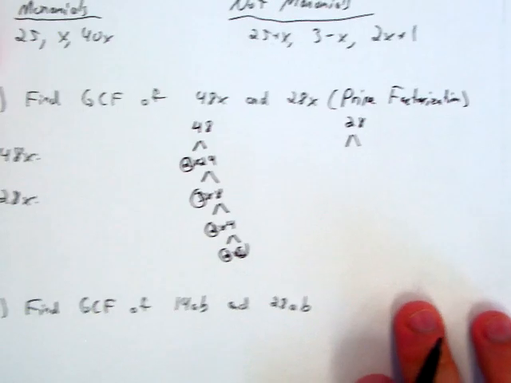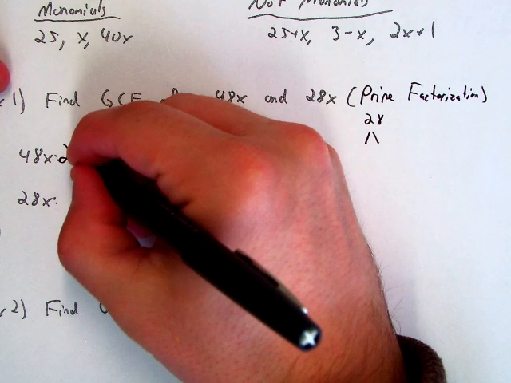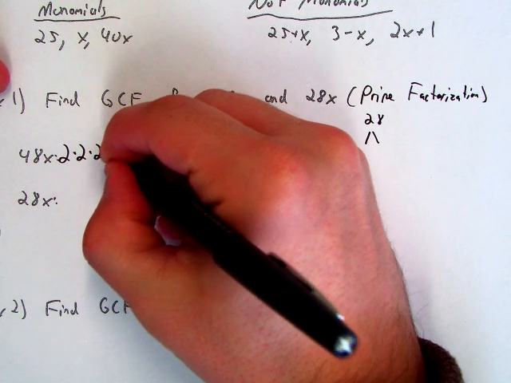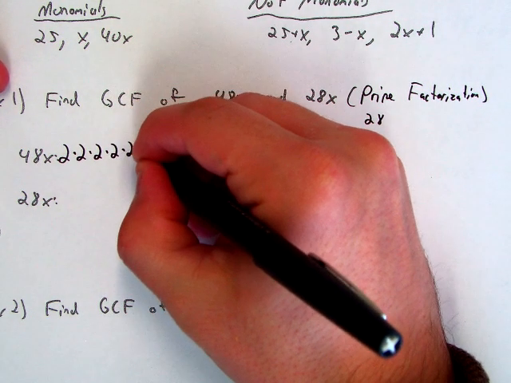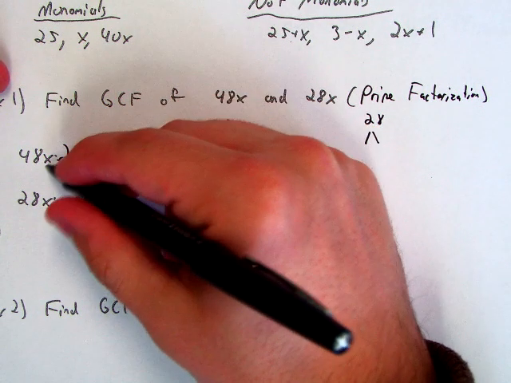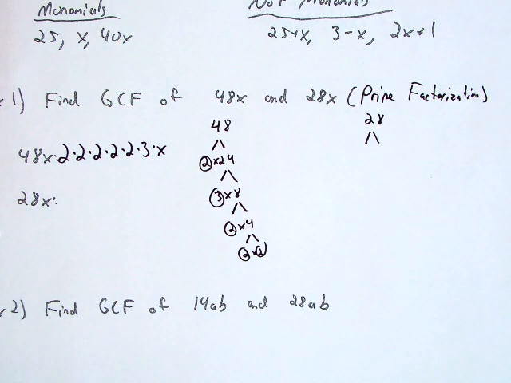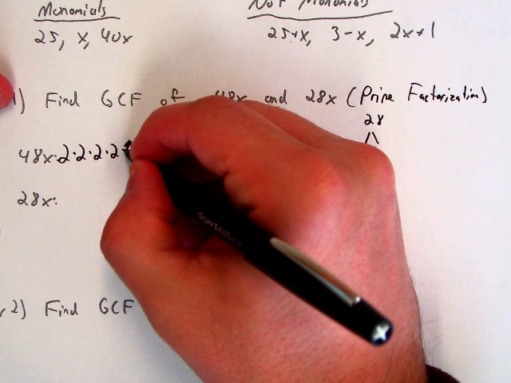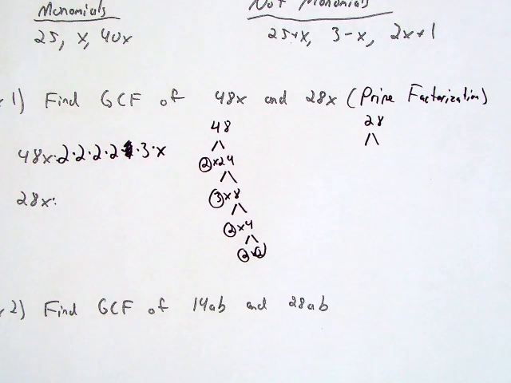So the prime factorization of 48 would be 2 times 2 times 2 times 2 times 3, and then we have a variable left over, so it should be x. Sorry, get rid of one of those 2's.